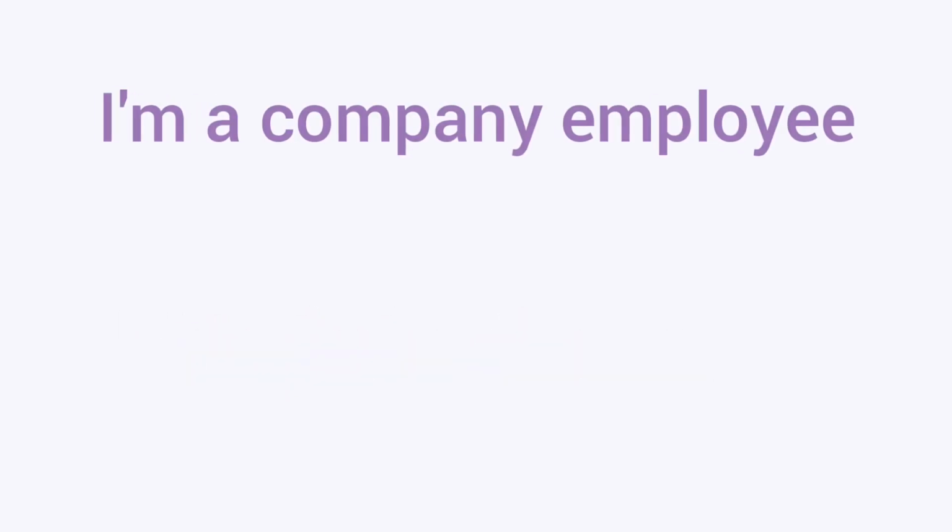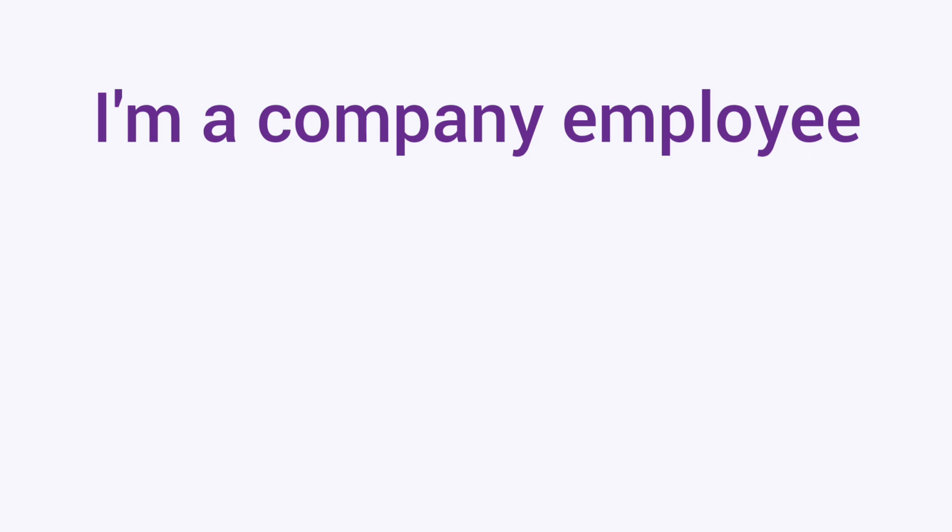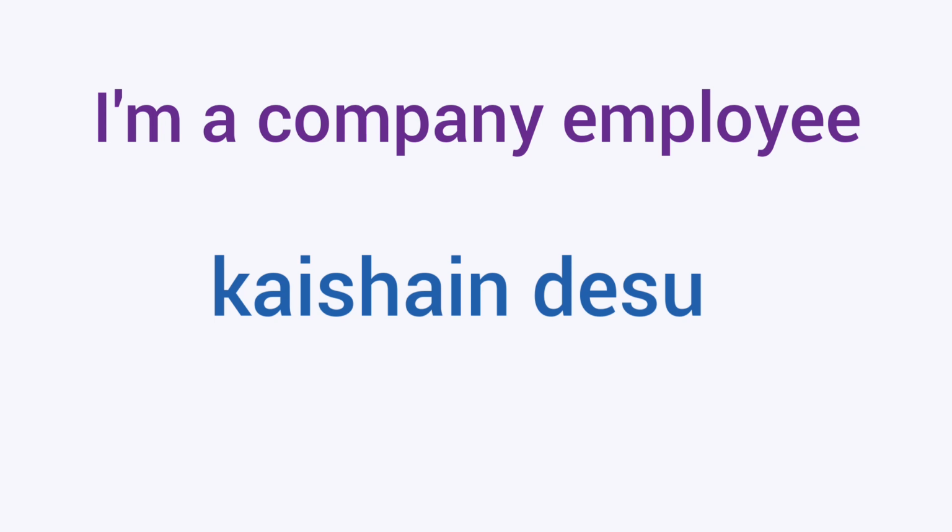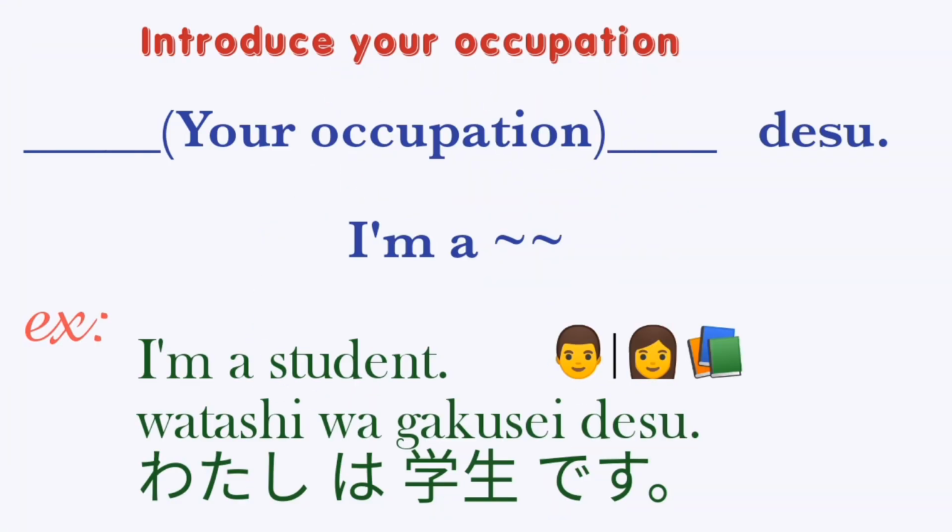Third example: I'm a company employee. Kaishain desu. Company employee. So follow this sentence to introduce your occupation in Japanese: blank desu. Put your occupation into the blank.